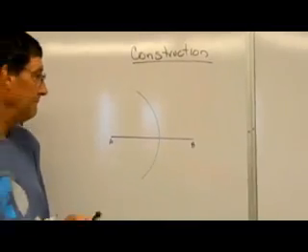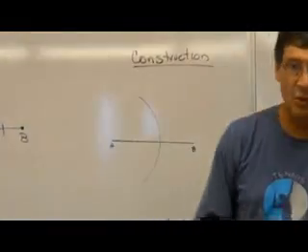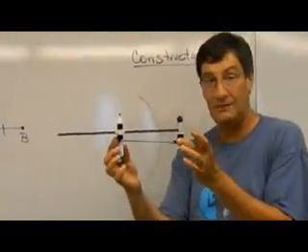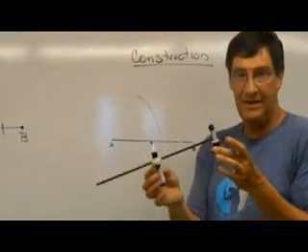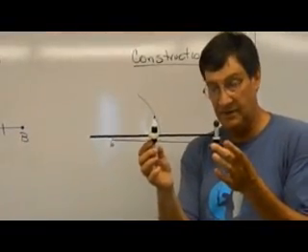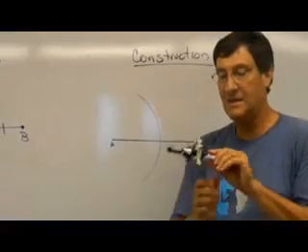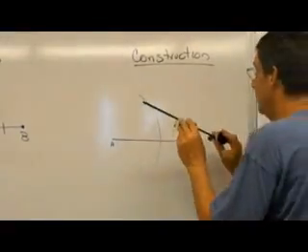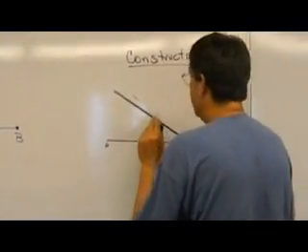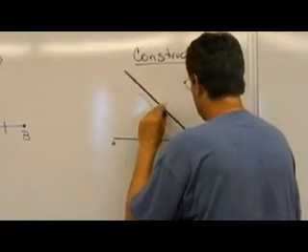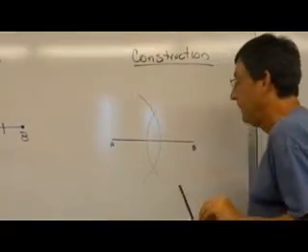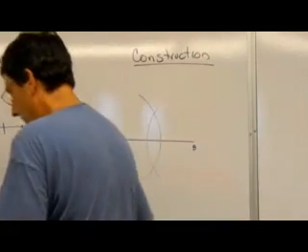I'm now going to come over to point B. Notice I haven't changed my compass. That's why you have a good locking compass, because you're going to be handling it a lot. It needs to stay in spot. And I'm going to repeat that exact same process from endpoint B. Now, you'll notice what I've created on the board.